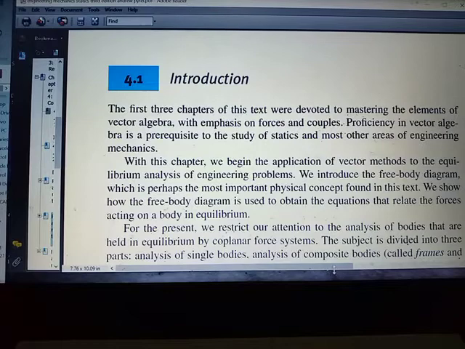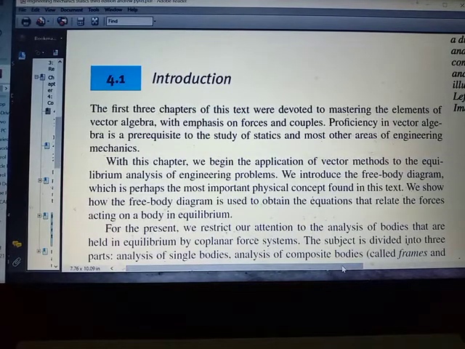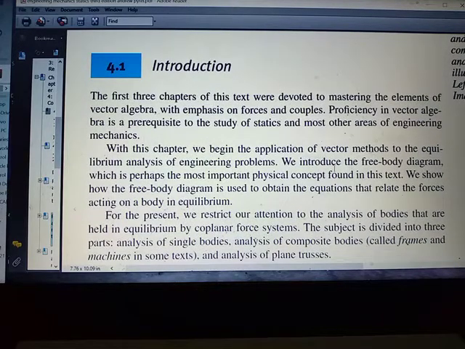So, in the first 3 chapters of this text, yung napag-aralan natin is proficiency in vector algebra. So, within this chapter, we begin the application of vector methods to the equilibrium analysis of engineering problems. So, we introduce free body diagram.